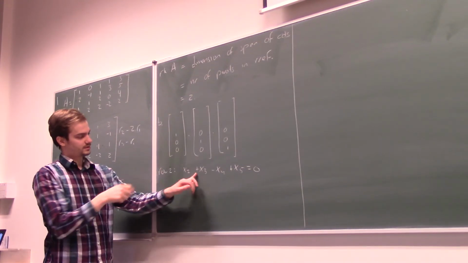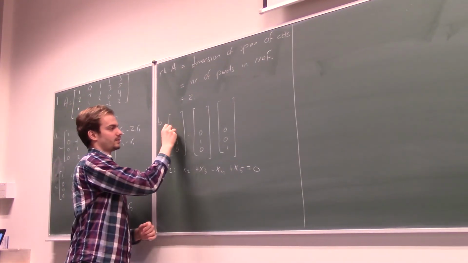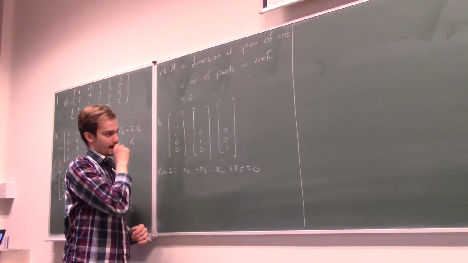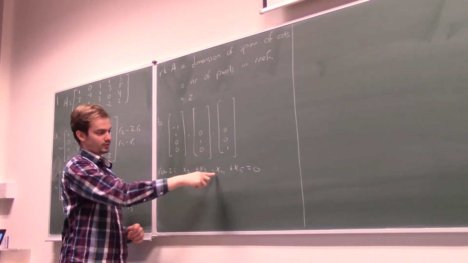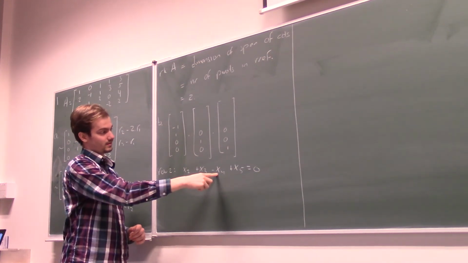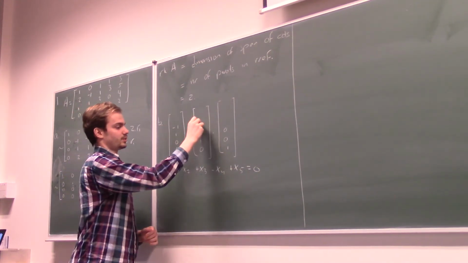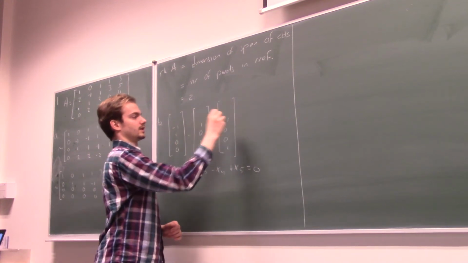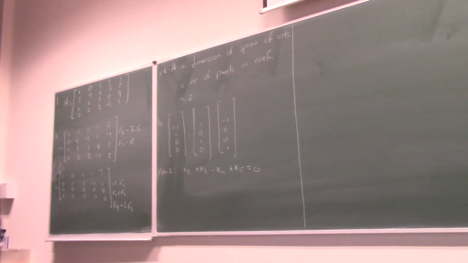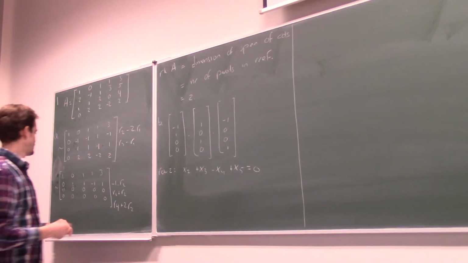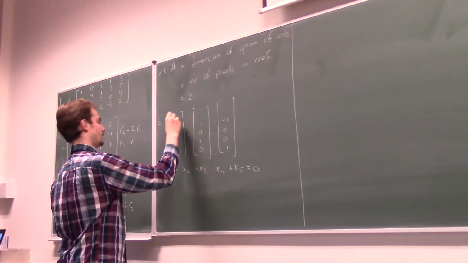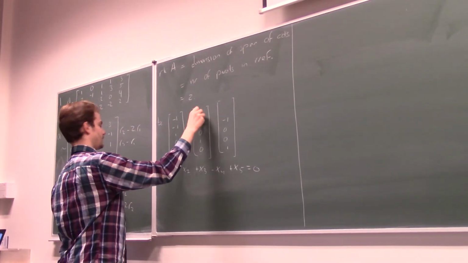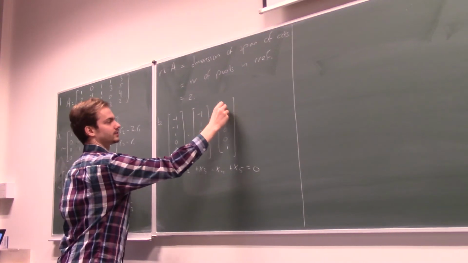So if x3 is 1, then x2 must be minus 1. If you have 0, 1, 0, then you get x2 minus 1 is 0. So this should be plus 1, and here you get minus 1. And the same for the first row. So this was a 1 here as well. And then 1 again. And then here you have 3, so you get minus 3.